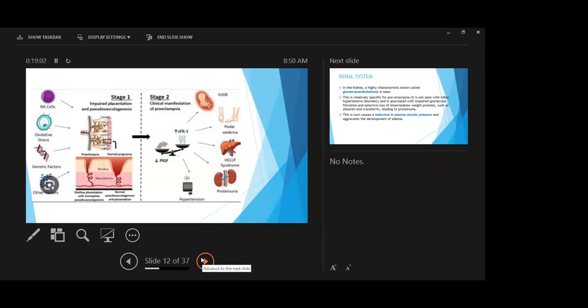The factors are genetic factors, so there is a genetic predisposition, and then there are immunological factors which contribute towards that. Then there are a couple of other factors, but on the left diagram, which is stage 1, it essentially shows how those genetic and immunological factors affect the placentation.